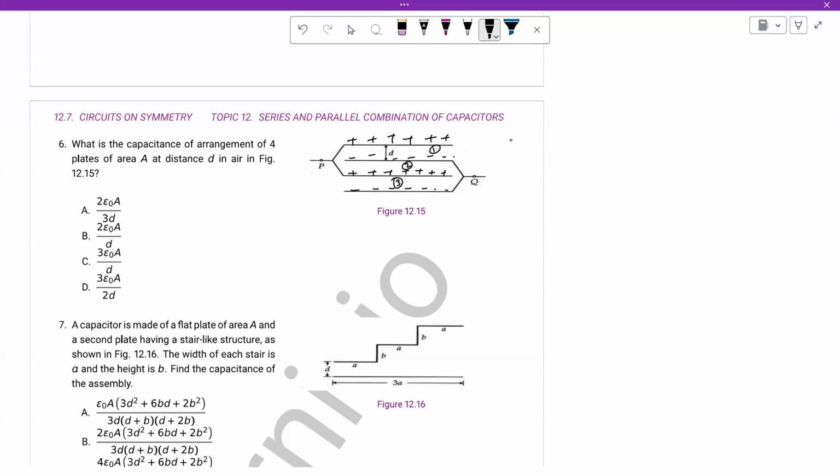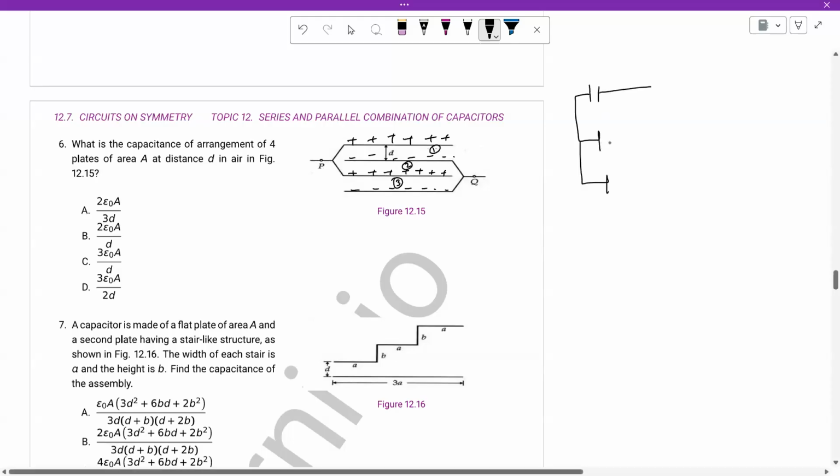You see that all the positive ones are connected together, and all the negative ones are connected together. So again, a parallel combination, right? So this would be again C1, C2, C3, and this is 3 A epsilon naught by D, right? So that would be the answer.